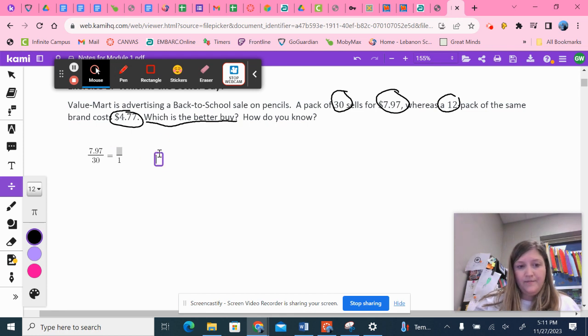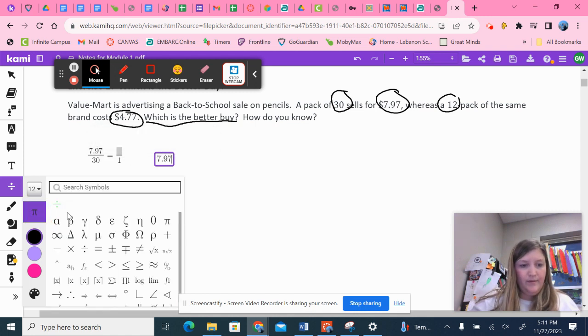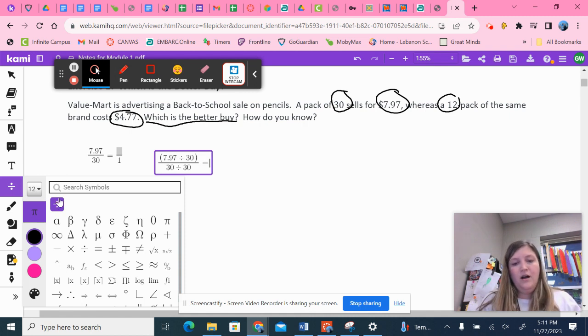So we're going to say $7.97 divided by 30, over 30 divided by 30. Now, 30 divided by 30 is just 1. So we're going to leave it like that.